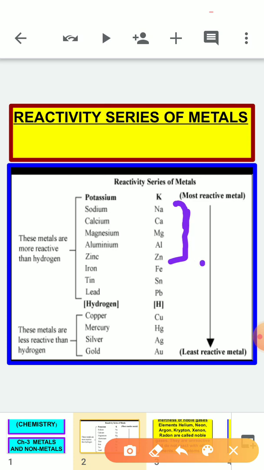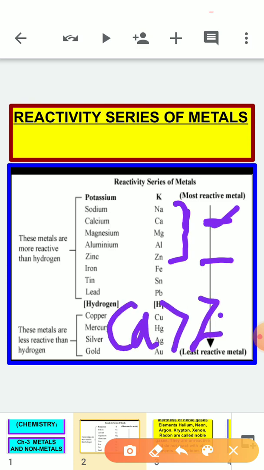If I am taking the example of zinc and calcium, and we want to find out which one is more reactive, calcium or zinc, then we have to see which one is at the upper position. Then we can see easily that calcium is getting its position above zinc. So calcium will be more reactive than zinc.